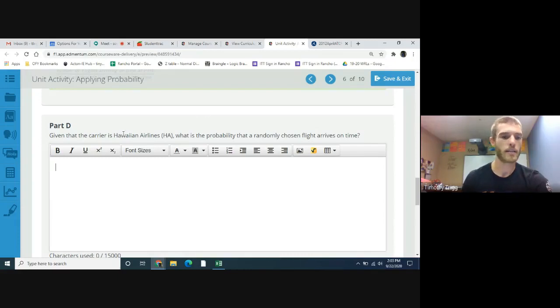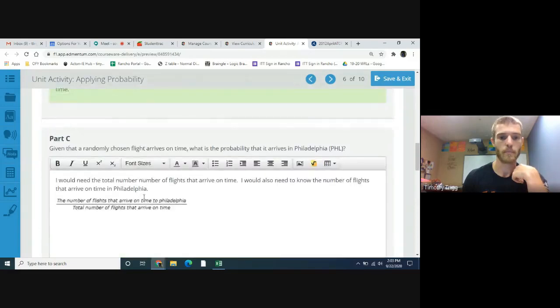The numerator takes both of these into account, but the denominator is always the given that part. I want you to explain that here, just like how we did for this one. Okay.